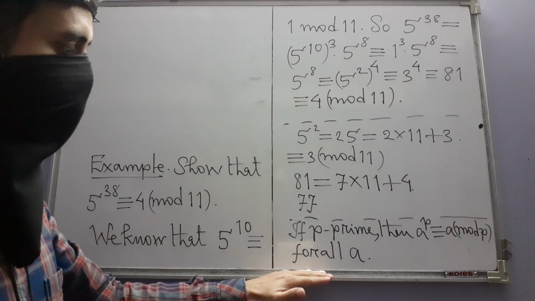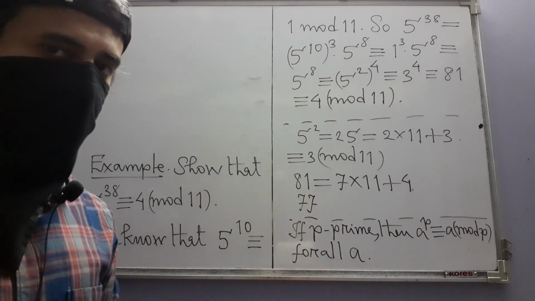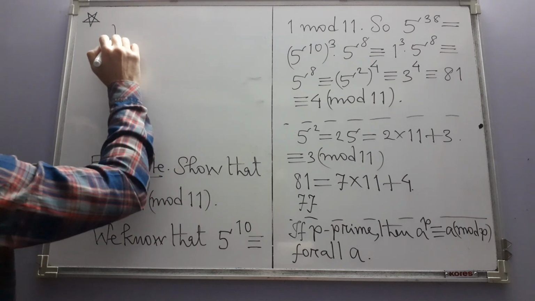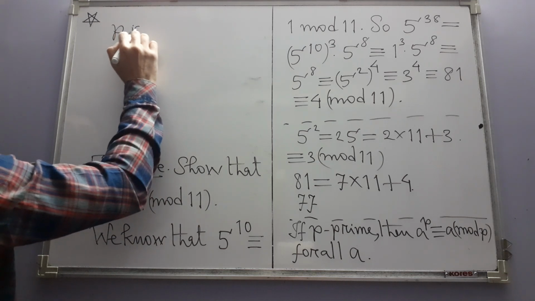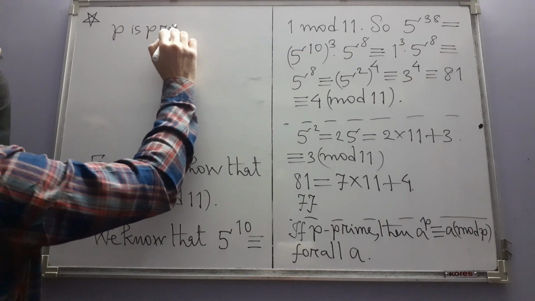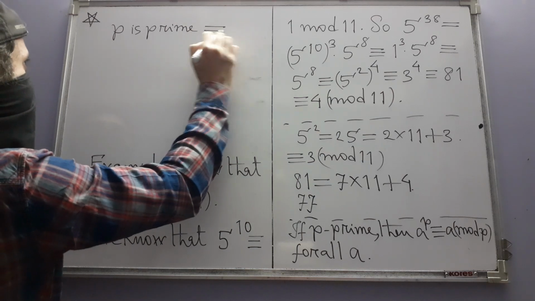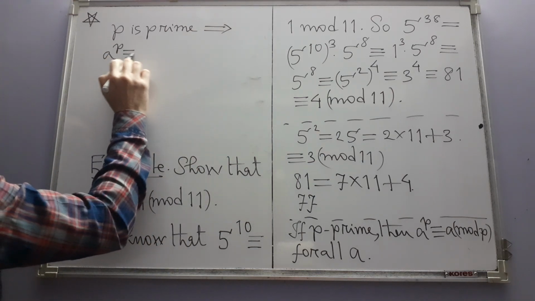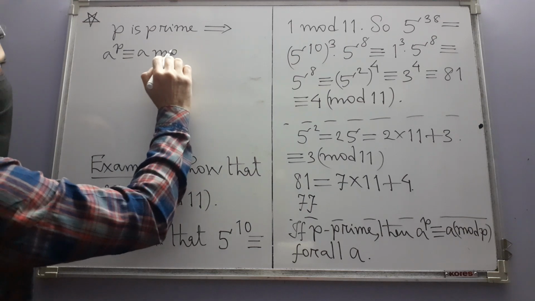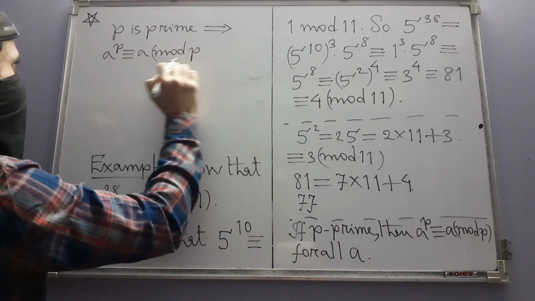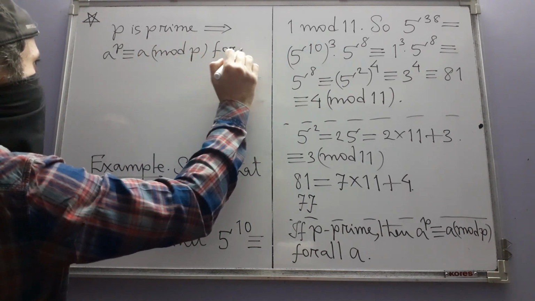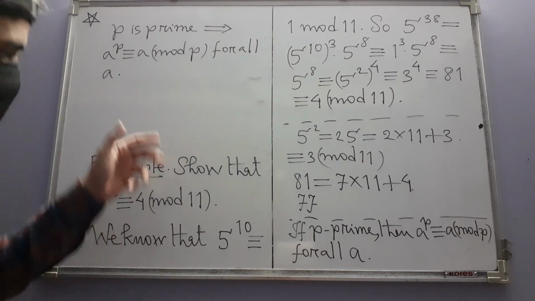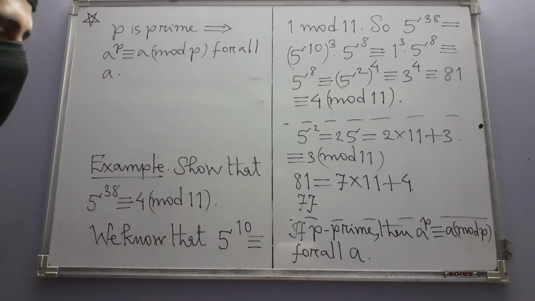What is the contrapositive of this implication? Let me actually write this as an implication. P is prime implies this for all A. What is the contrapositive of this implication?